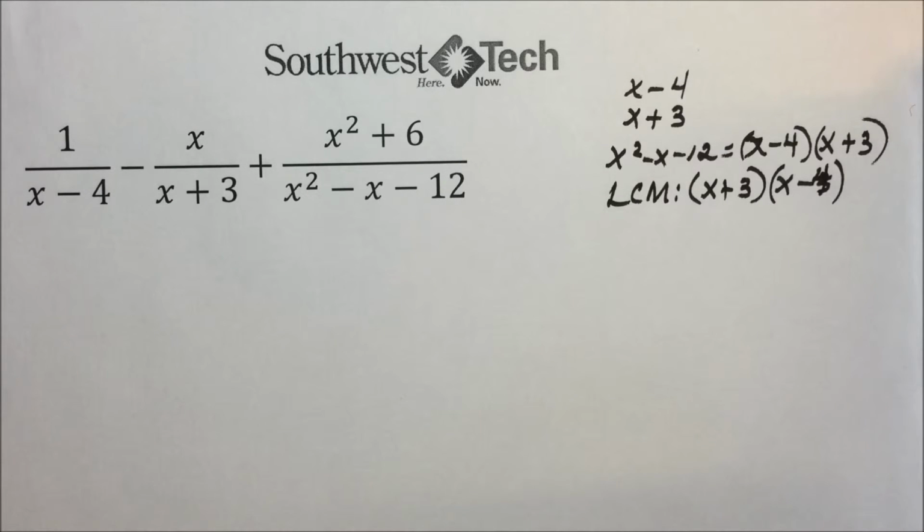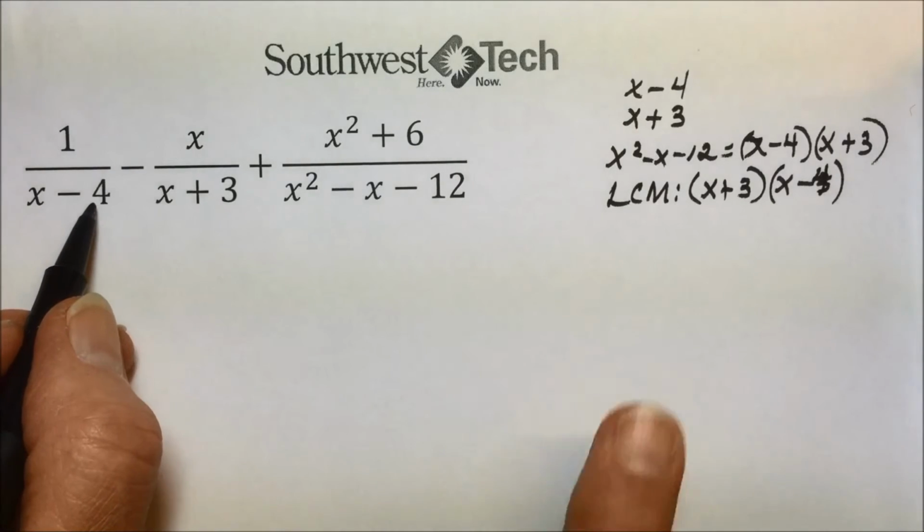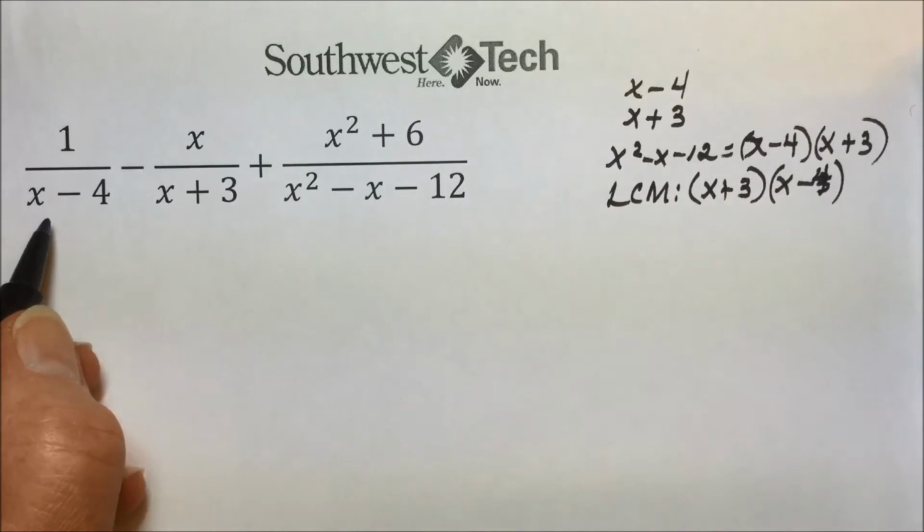So, before we add and subtract, we need to change each one of these rational expressions so that they have that least common multiple. So our first fraction has the x minus 4, but it needs the x plus 3.